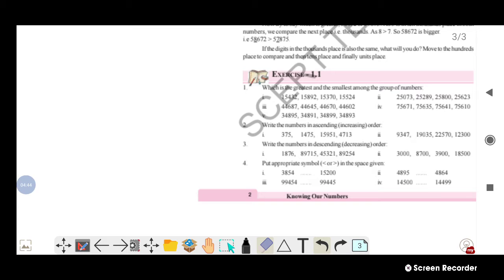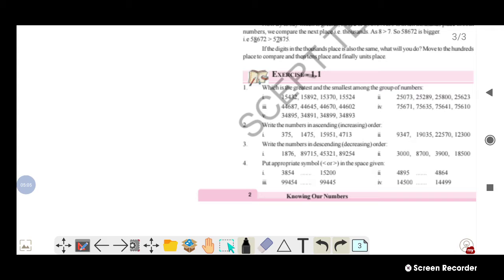Right, in that fourth bit, what is the question first? Fourth bit: put the appropriate symbol, whether it's less than or greater than, in the space given. They already gave the space. In that space, you can keep, sorry, less than or greater than.